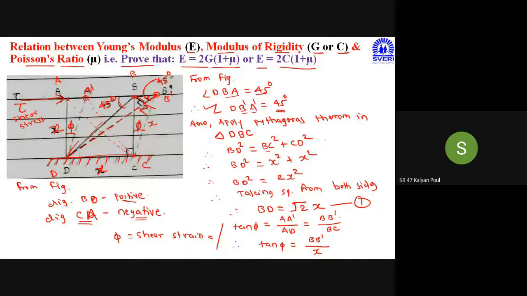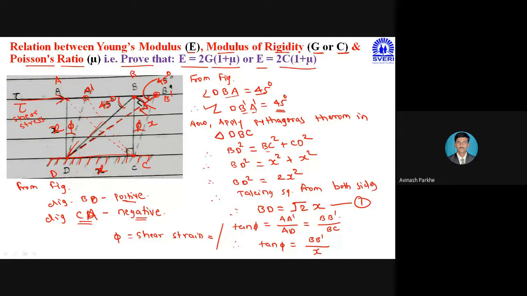B dash M. See, BD is the original length. B dash D is the total length of diagonal BD after the deformation. But whatever point M I have calculated, from point B I have drawn a perpendicular line, and that perpendicular line meets the diagonal B dash D at M. So B dash M represents the change in dimension of the diagonal BD.